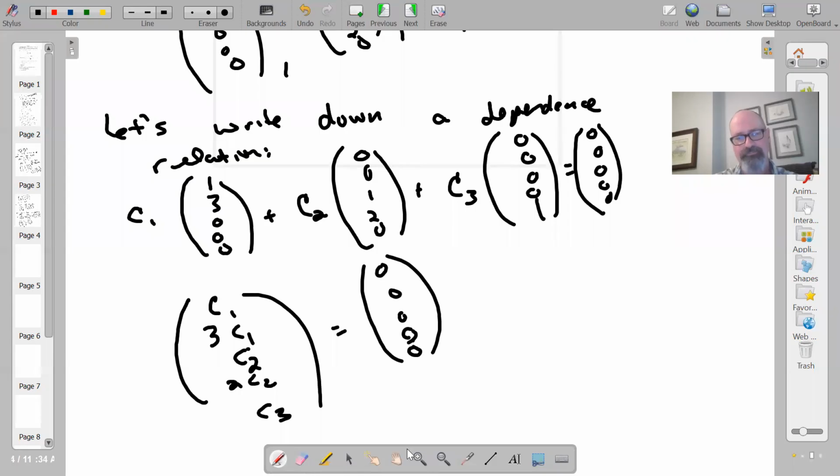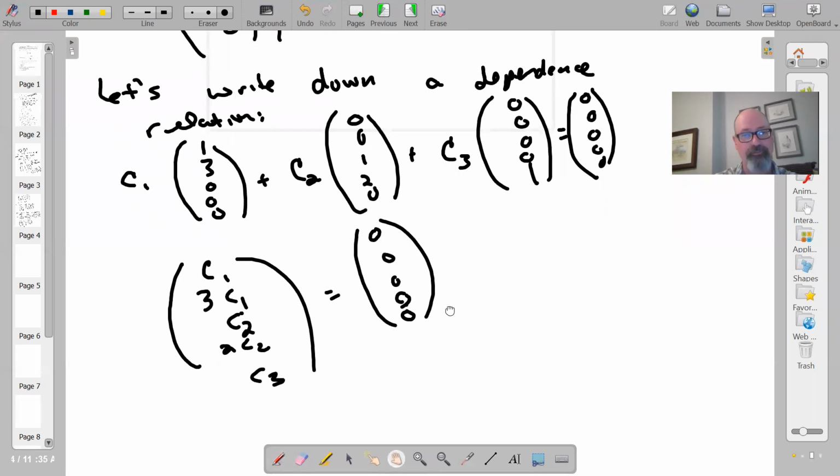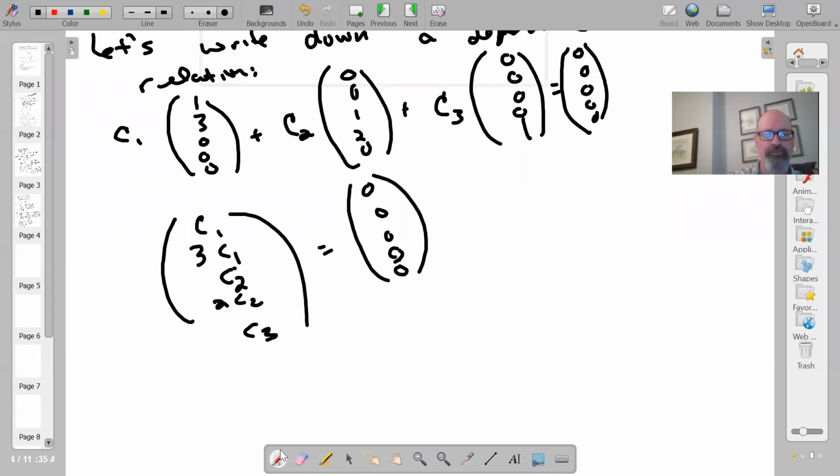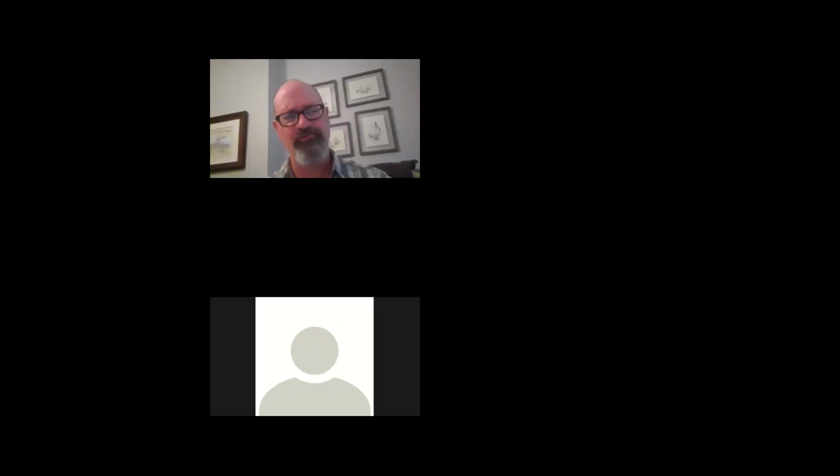That left-hand side has got to be equal to the right-hand side. And how can that happen? C1 is equal to 0, C2 must also be equal to 0, and C3 must also be equal to 0. So if there is a dependence relation, there's only one it could be. It's the trivial one, with C1, C2, and C3 all 0.